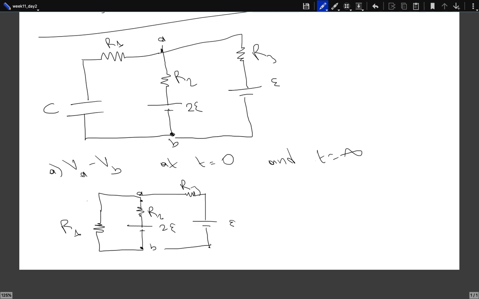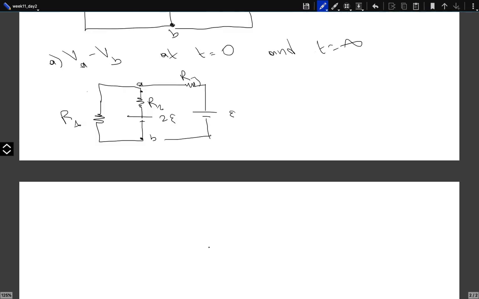Now we need to find the current running through this wire. How do you propose we proceed? Well, we can use Kirchhoff's rules. Let's see.